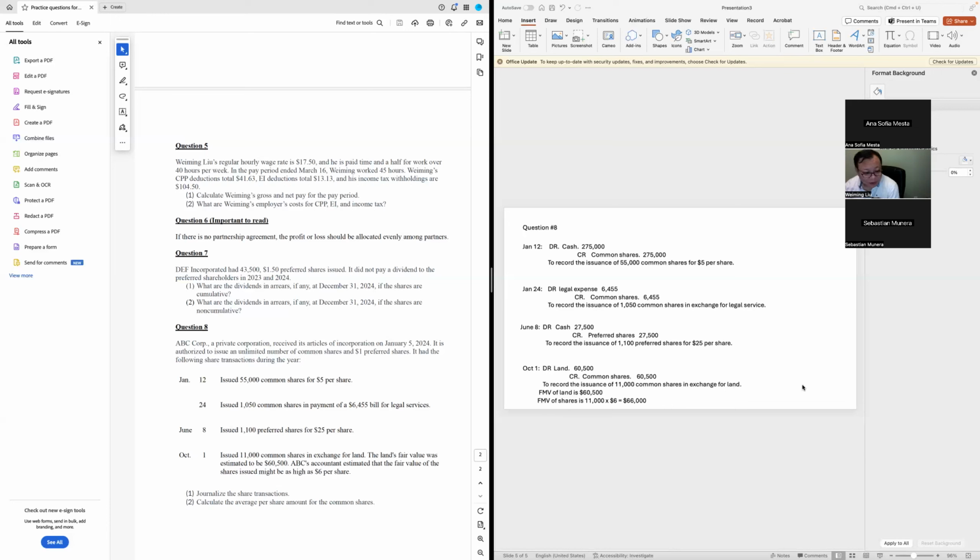Okay, awesome. So now we are going to calculate the average per share amount for the common shares. Really important, we're only dealing with the common shares for the second part of the question. So calculate the average per share amount for the common shares, okay? So how do I calculate the average, right?